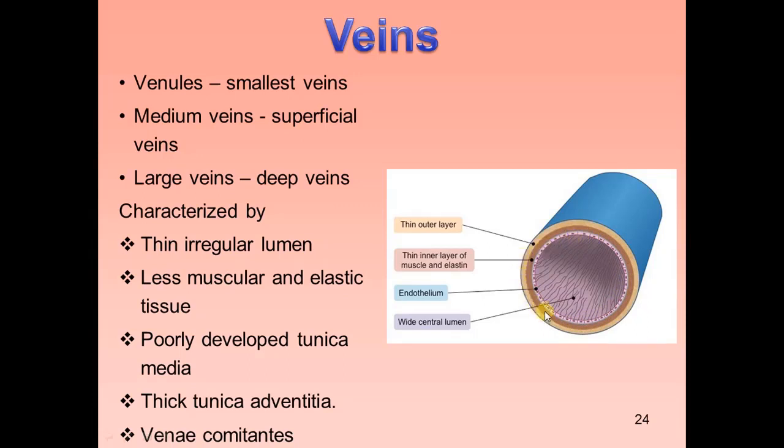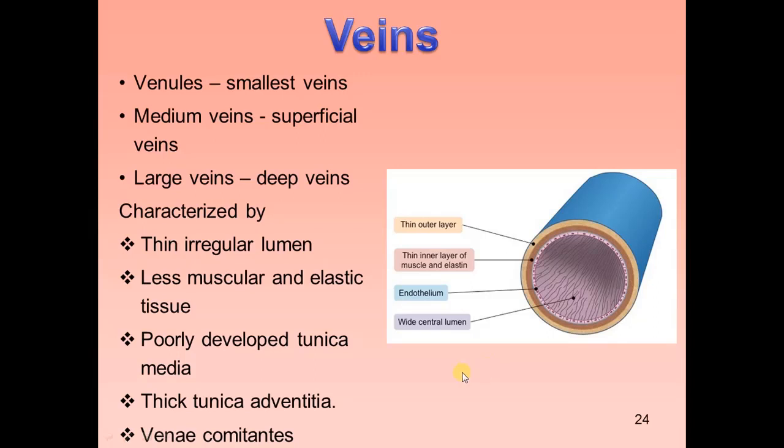Less muscular and elastic tissue in the tunica media, a poorly developed tunica media, but the adventitia is very thick, and sometimes you come across smooth muscle cells in the tunica adventitia, especially in the large veins. Then one characteristic is venae comitantes, which you come across in the limbs.